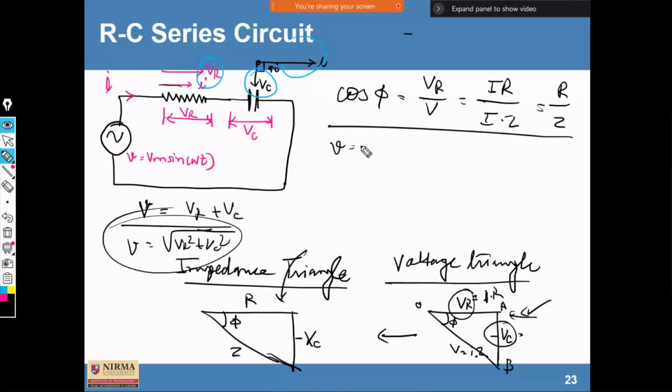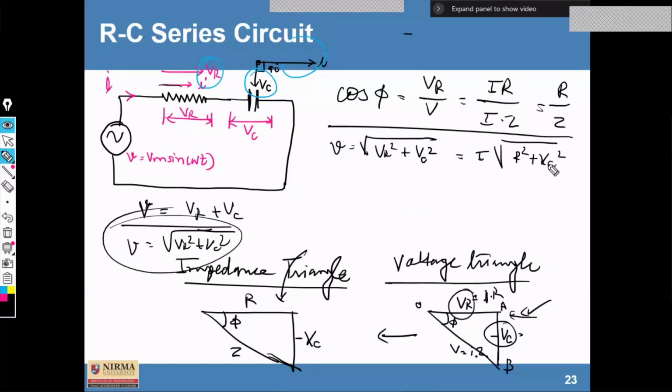V is equal to under root of VR square plus VC square. Instead of VL, we can write VC here. And if we take I common from this, we can write R square plus XC square, because here XC is minus, but the square value is there. So here you can write minus XC whole square. Ultimately, it will be plus.